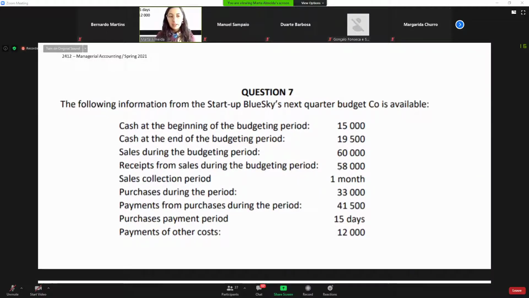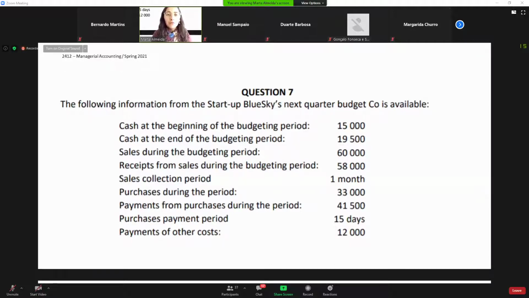Here we already had the amount of cash at the end of the period, but we could calculate it. They could also ask about how much is the receipts, and if they had given you information on the opening balances of payables and receivables, they could ask about the value of receipts and the value of payments.